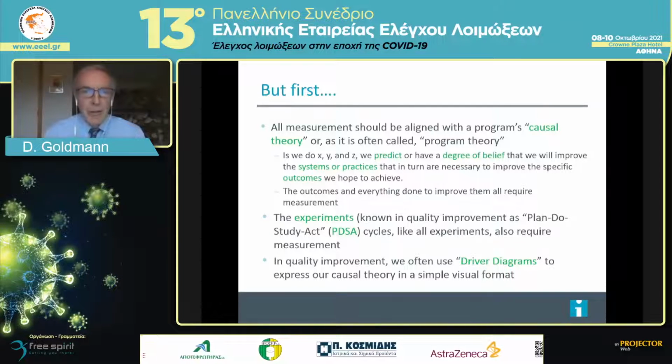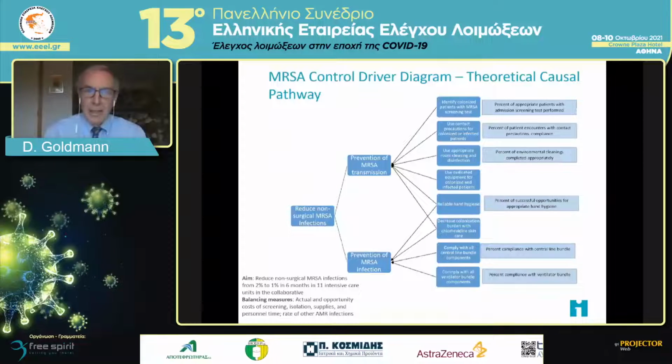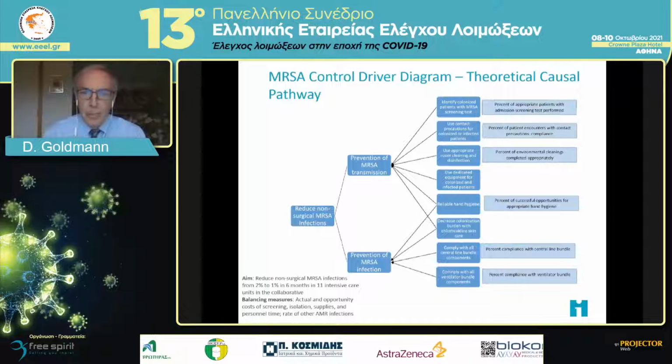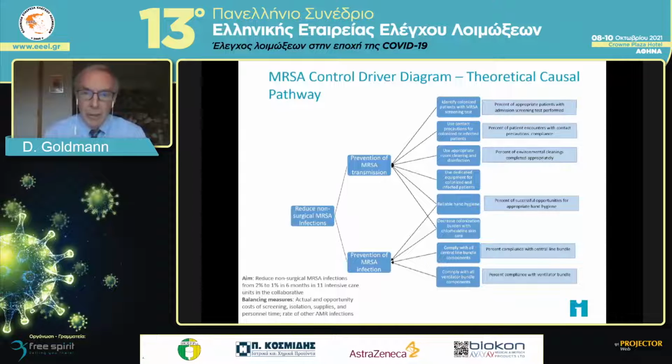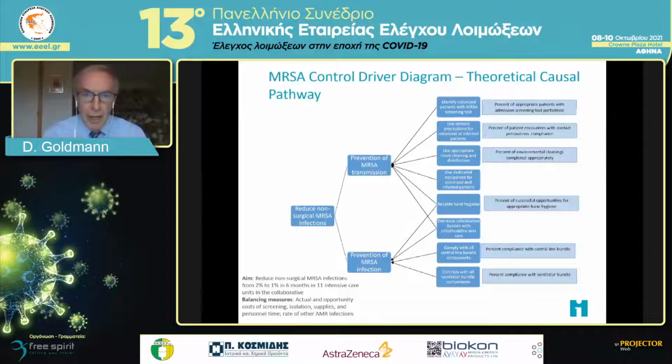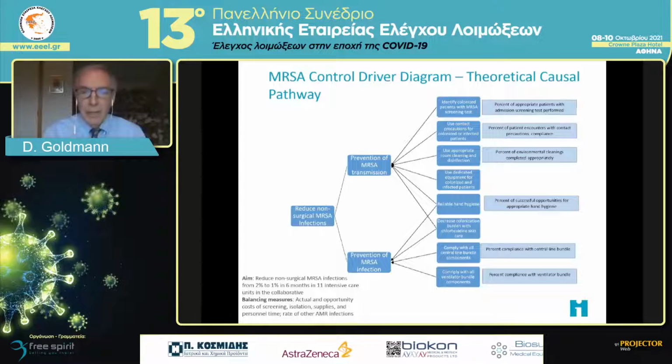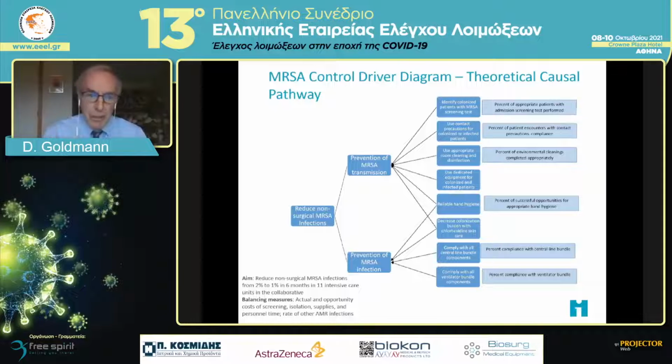So here's a driver diagram for controlling and reducing methicillin-resistant Staph aureus, which I'm sure you're all concerned about, along with the other very serious antibiotic resistance problems in Greece. This driver diagram reflects the theoretical causal pathway. Remember I said that you have a causal theory, and this is the visual expression of that.